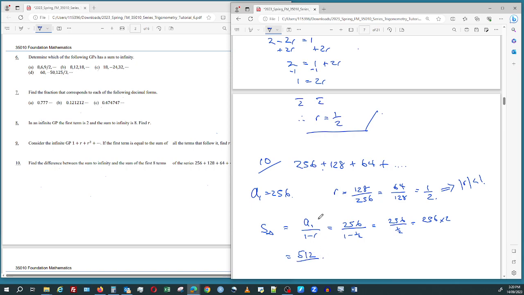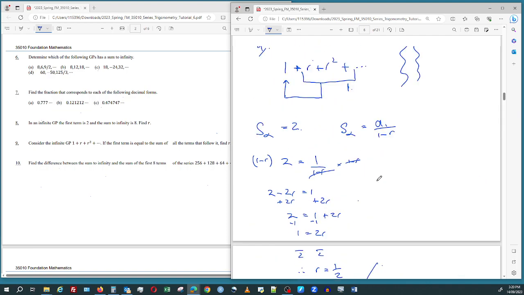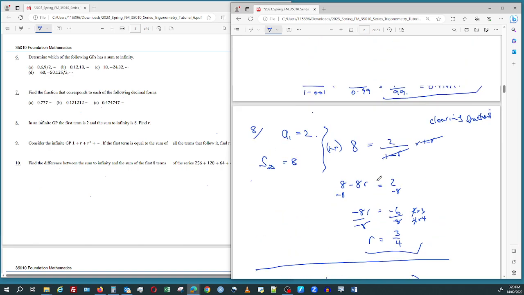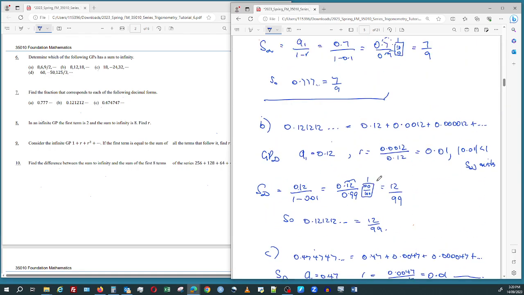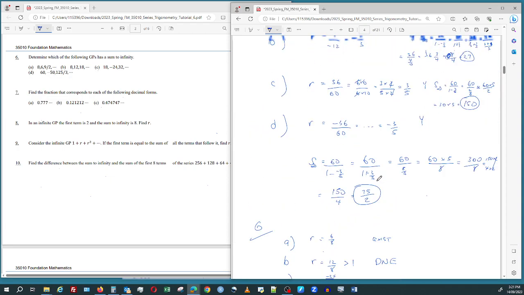Okay, I think. Alright, the next thing we want to do is consider the sum of the 8 terms. So for the sum of the 8 terms, we need to use the partial sum equation. So I'm just drawing your attention to it. And the partial sum equation sits up here.